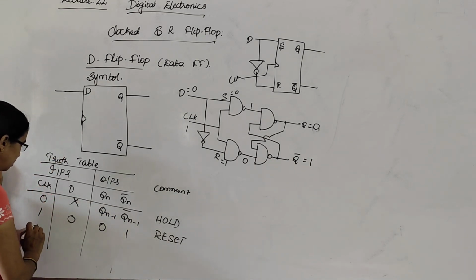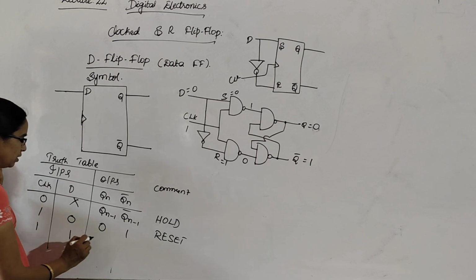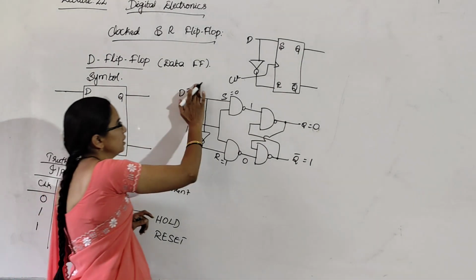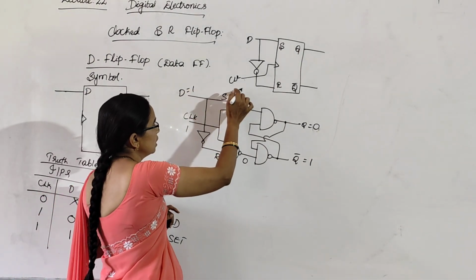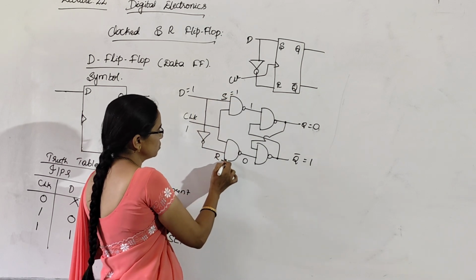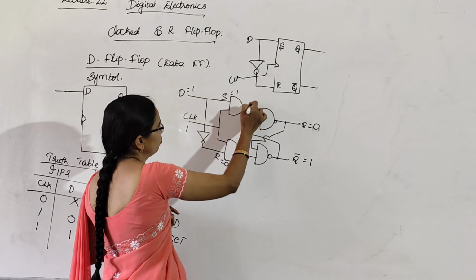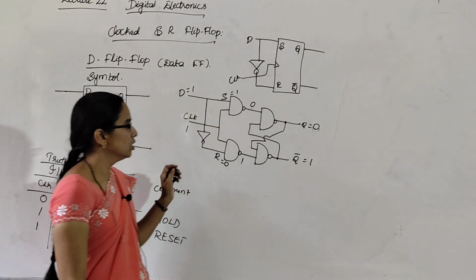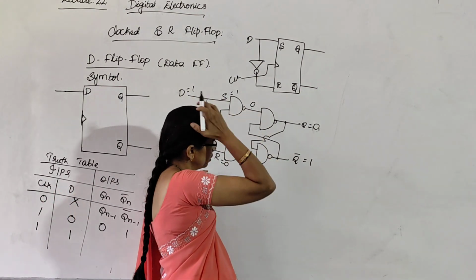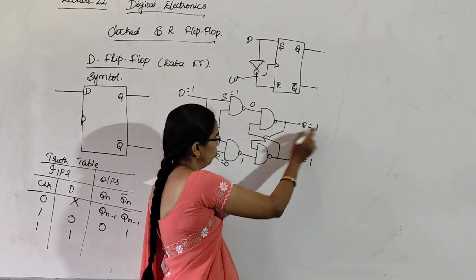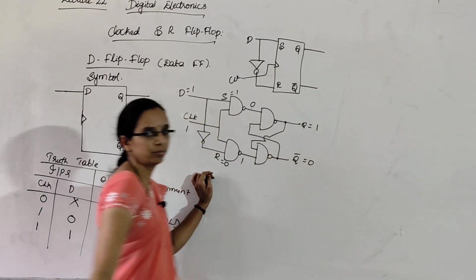When the clock is 1 and D is 1, S is equal to 1 and R is equal to 0. Here the output will be 1, and with 1 and 1 the output will be 0. So 0 and 1 will be 1, 1 and 1 will be 0.